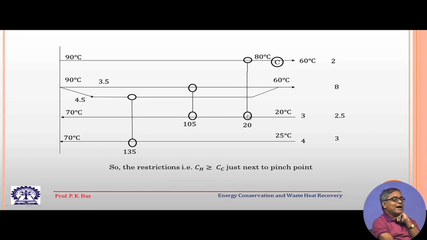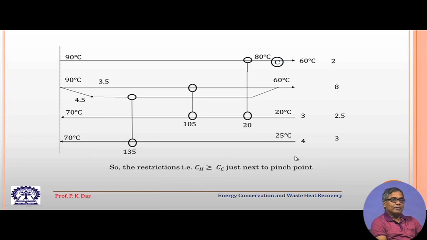So, if we do that, only the topmost stream which has to be cooled is left, and here we have to use one cold utility. How much cold utility we have to use, you can calculate, and you will see whatever solution we have got. So, with that cold utility we will be able to satisfy this situation. So, this gives the solution of the cold end of the problem.